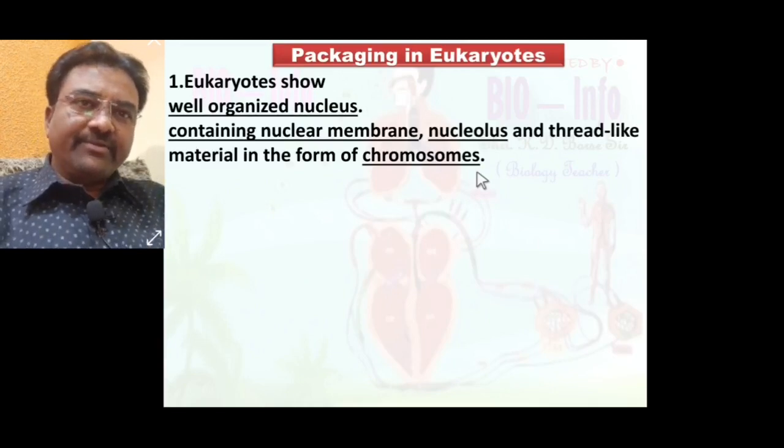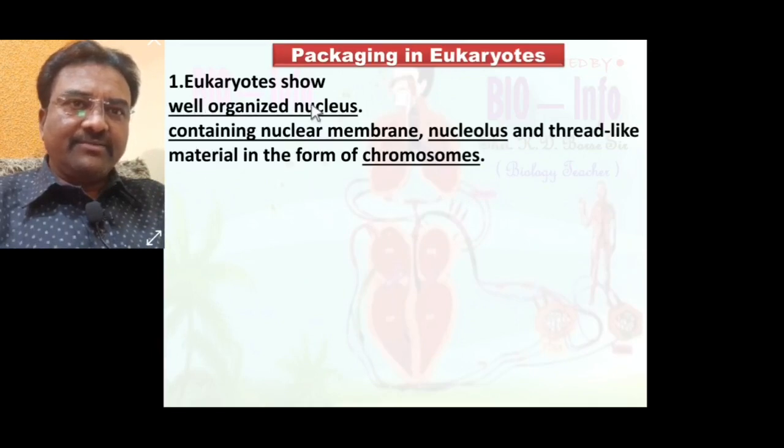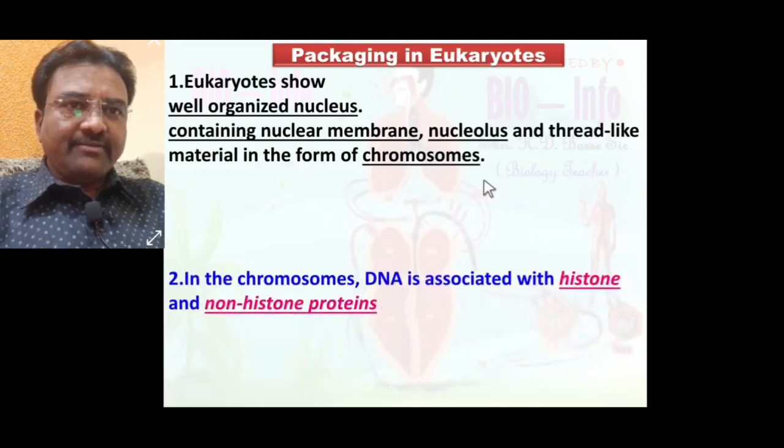In prokaryotes, a well organized nucleus is absent; in eukaryotes it is present. Nuclear membrane and nucleolus are absent in prokaryotes but present in eukaryotes. Chromosome is the thread-like material seen in eukaryotes.